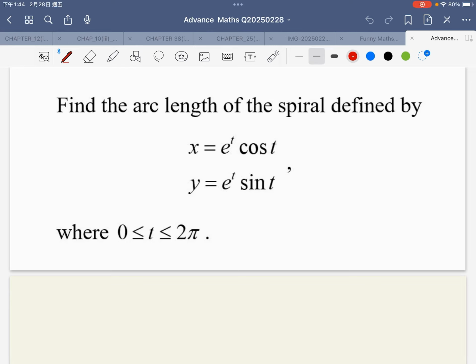This question is an advanced question from year 1, and it calculates the arc length of this spiral curve, which is a parametric curve. I think the spiral curve should look like that in 3D.